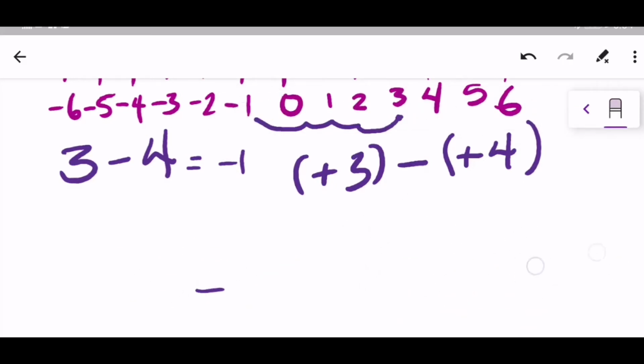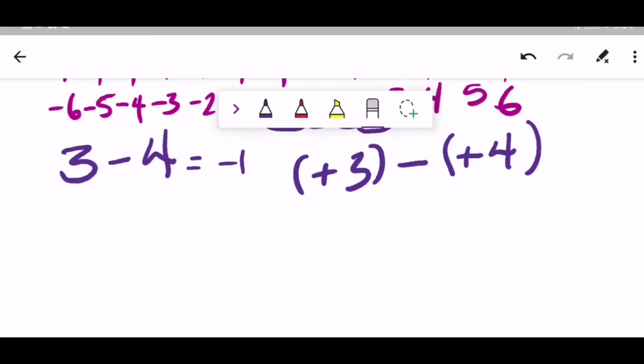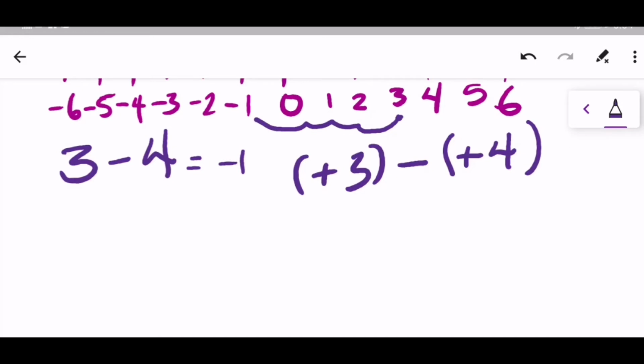When the signs are the same, we have a positive number. When the signs are different, we have a negative number. So this negative sign together with this positive sign gives you a negative result.